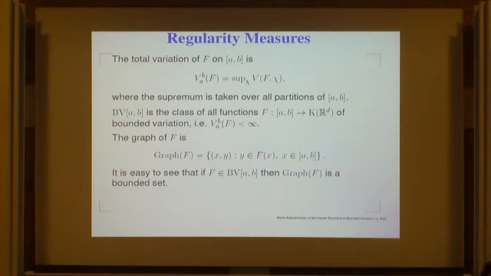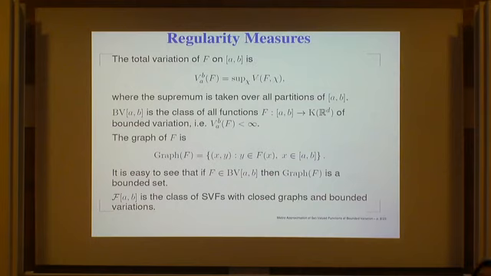The graph of a set-valued function, again, this is the usual definition, is a subset of R to the power d plus 1, one dimension more. Okay, and it's easy to see that if f is of bounded variation, then the graph of f is a bounded set. We want more.